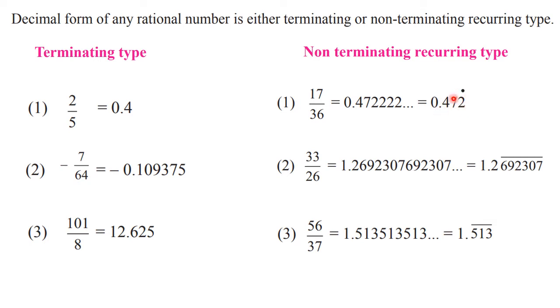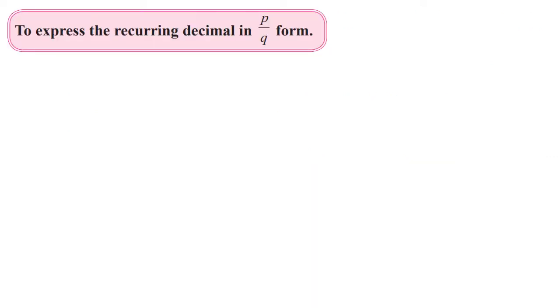Now if we have this non-terminating recurring type of decimal fraction, then how to convert it to P upon Q form, that we will see. So first let us discuss the textbook examples. That is why the heading is to express the recurring decimal in P upon Q form.